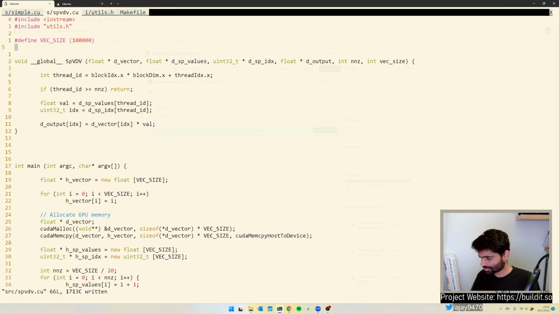So let's talk about irregularity now, or where does it come from in this computation?